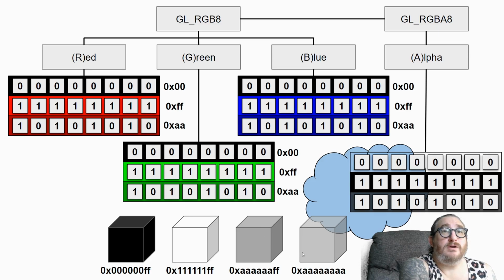And this one is the gray color, but I've also used the mid-range alpha there, so you can see that there is now some transparency with that object. That's basically what GL_RGB8 and GL_RGBA8 are doing: telling you what your data is going to look like. And just to give you an idea of what those mean, I've illustrated that down here.